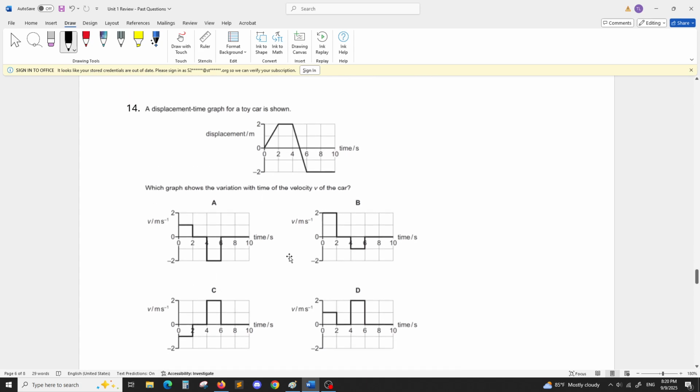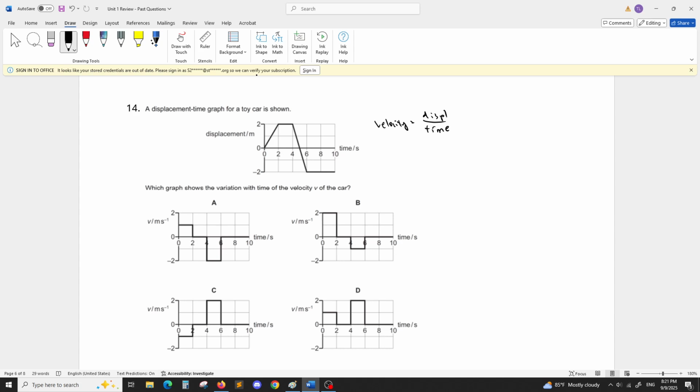The displacement time graph for a toy car is shown. Which graph shows the variation of the velocity of the car? So remember that velocity is change in displacement over time.